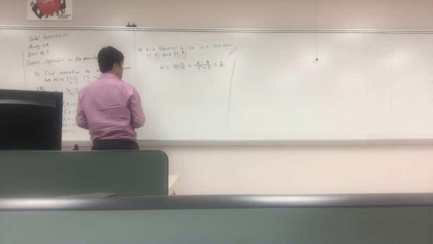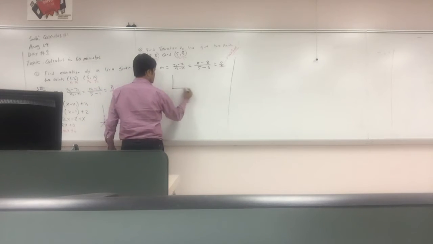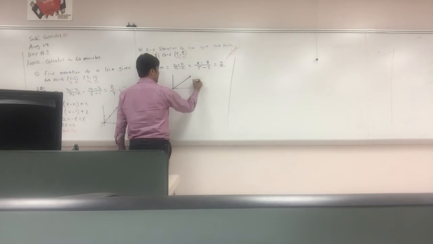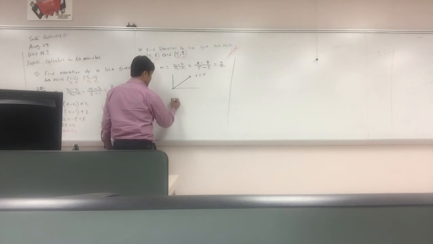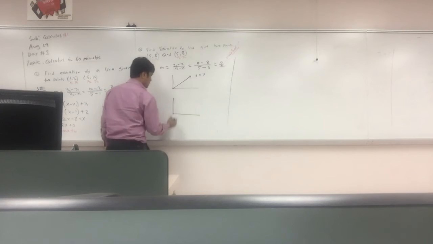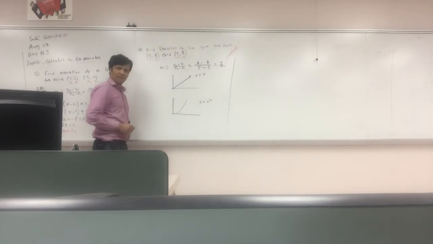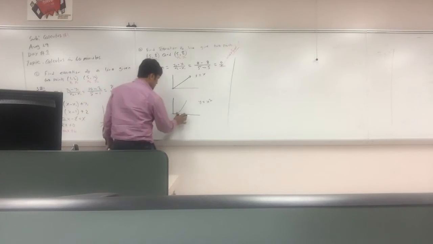Okay, so let's see how that works. In algebra, I have y equals x. I have another curve, y equals x squared, which is the parabola, the positive part of the parabola. So let's graph it a little bit better.